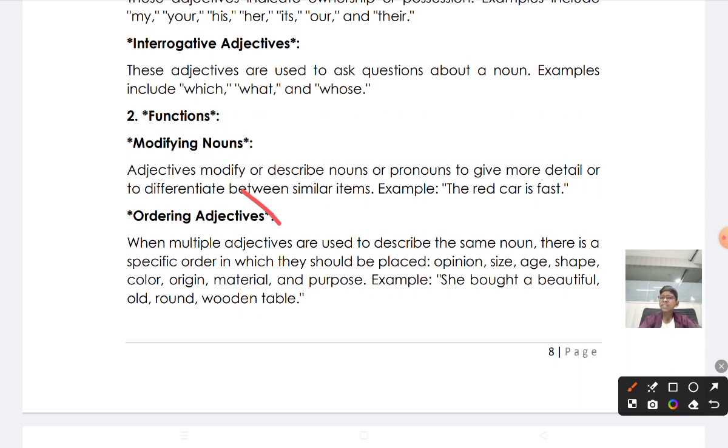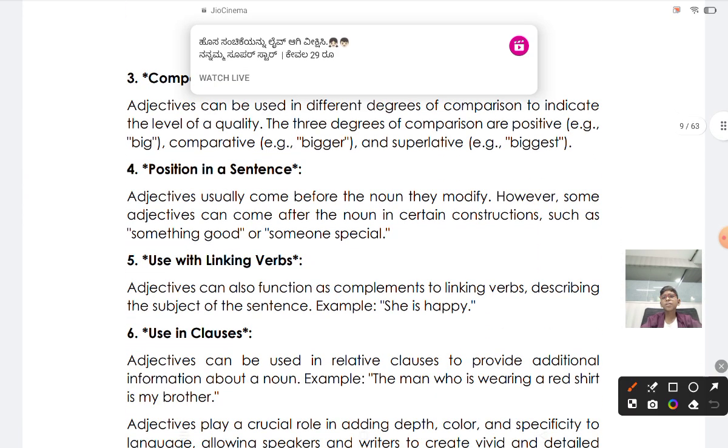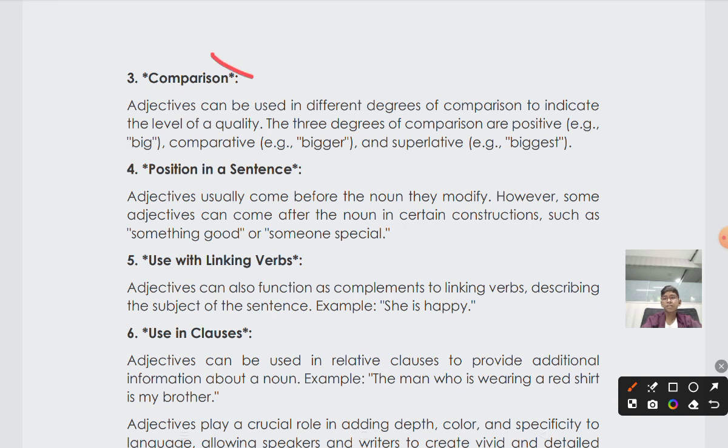When multiple adjectives are used to describe the same noun, there is a specific order in which they should be placed: opinion, size, age, shape, color, origin, material, and purpose. Example, she bought a beautiful, old, round, wooden table. That's all.